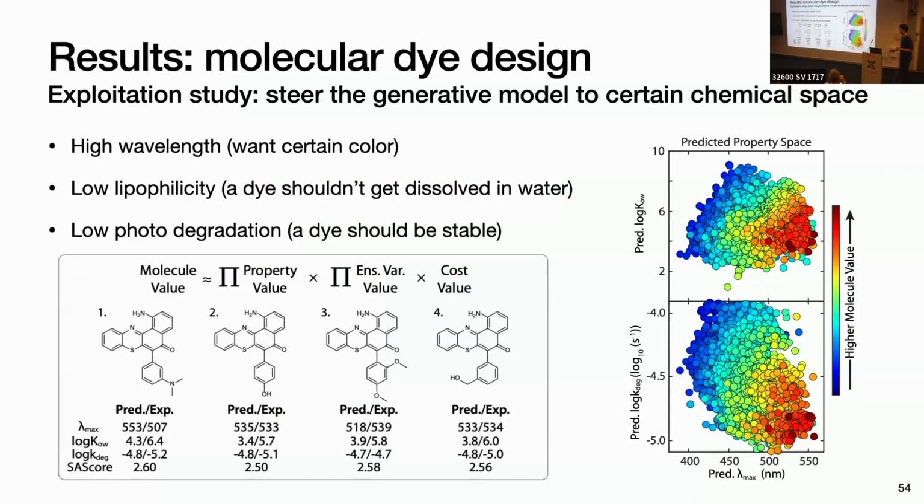So we designed 4 molecules with high molecular value, right? This is across multiple rounds. The color shows the molecular value, and we selected some of the best ones to test. We can show that in the case of wavelength, the prediction versus the experiment results match closely, right?